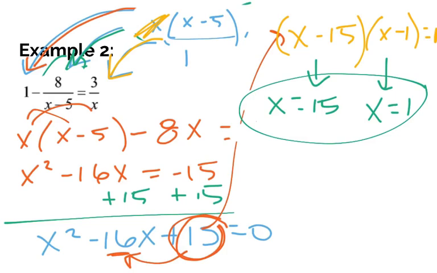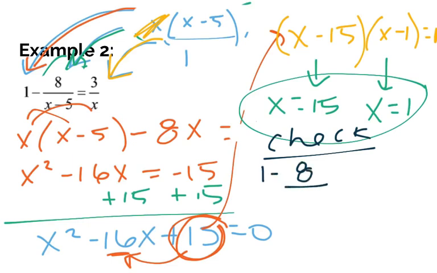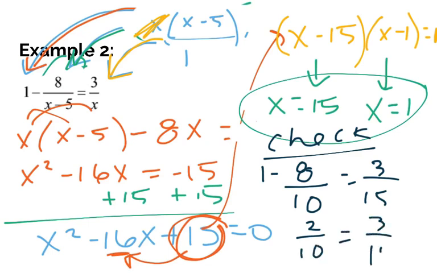Okay, so I think I'm done, but let's just check for extraneous solutions. Let's check x equals 15 first to see if that one works. So 1 minus 8 over 15 minus 5 is 10, equals 3 over 15, which I know I can reduce to 1/5. So 1 minus 8 tenths is 2 tenths, so 2 tenths equals 3 over 15 is a little hard to compare unless I reduce them both.